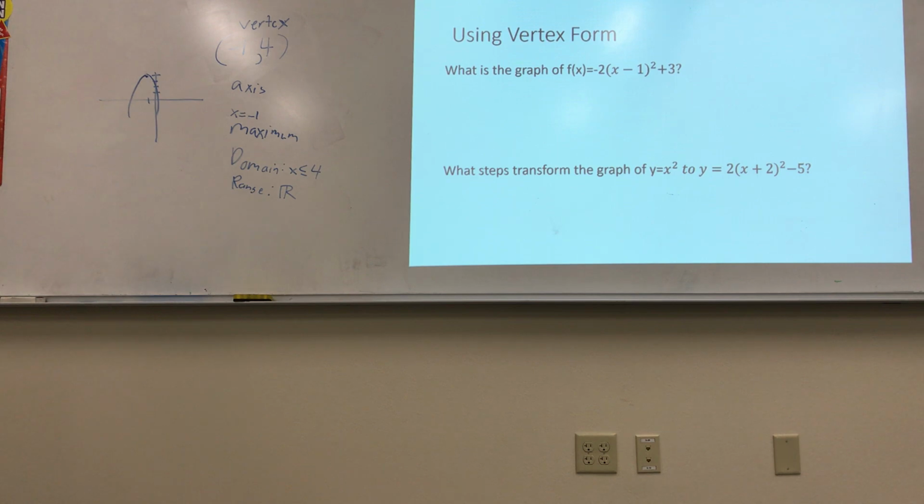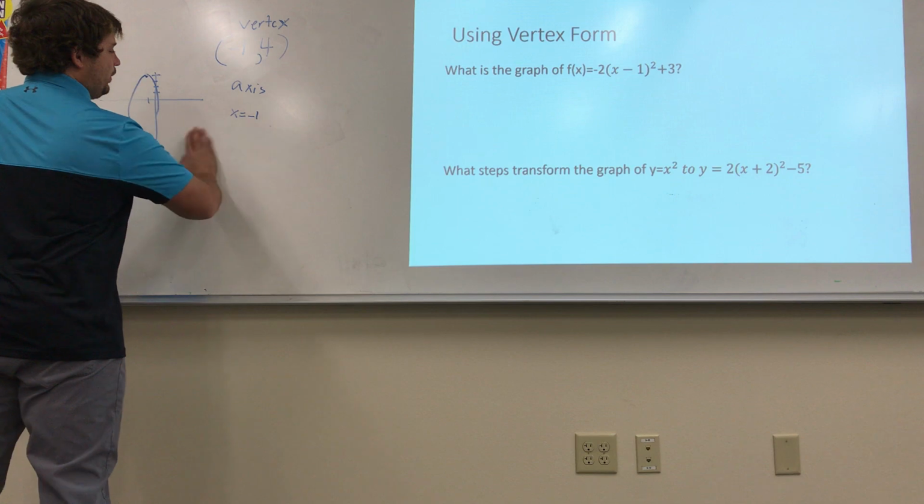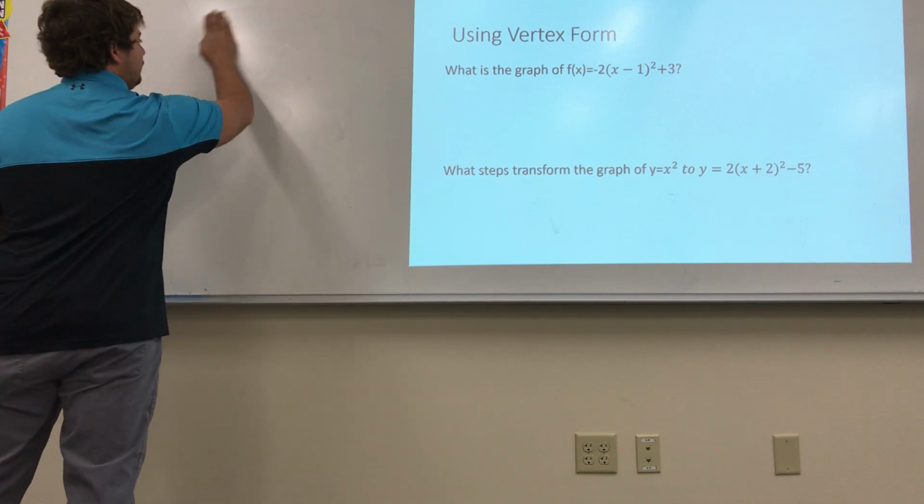Okay, what is the graph of -2(x - 1) squared plus 3? Okay, what are the steps transforming the graph of x squared to this? Alright, before I move you, I'm going to do the bottom one first, and I'll do the graphing one with this.